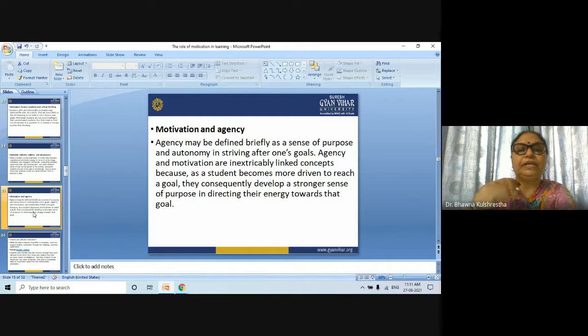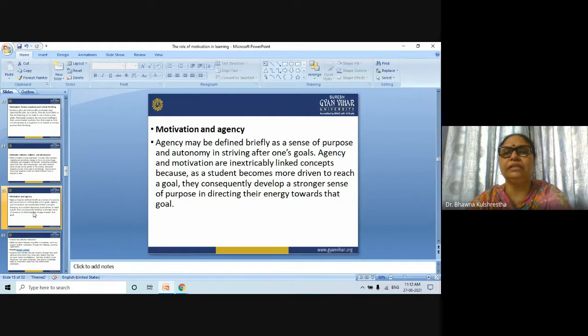Agency and motivation are inextricably linked concepts, because as a student becomes more driven to reach a goal, they consequently develop a stronger sense of purpose in directing their energy towards that goal.